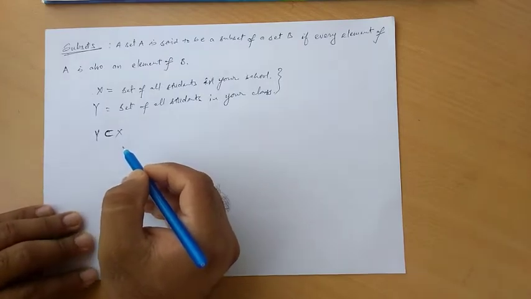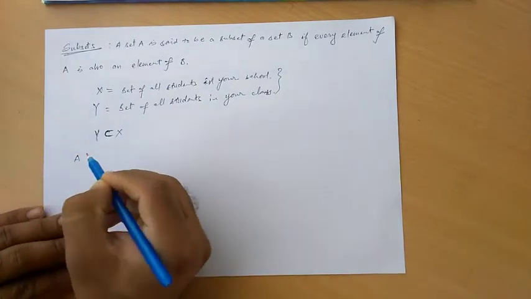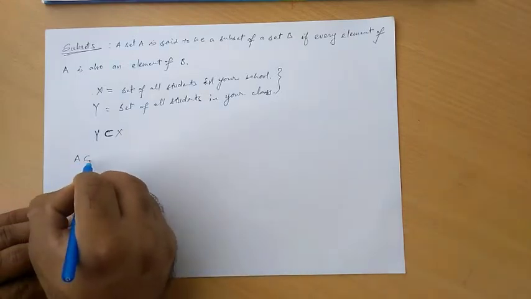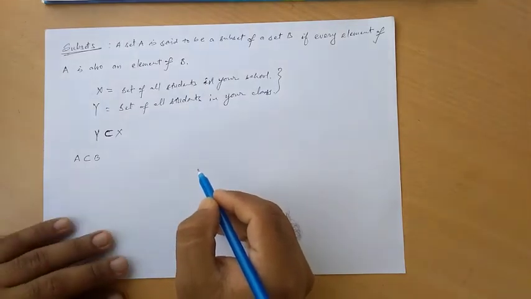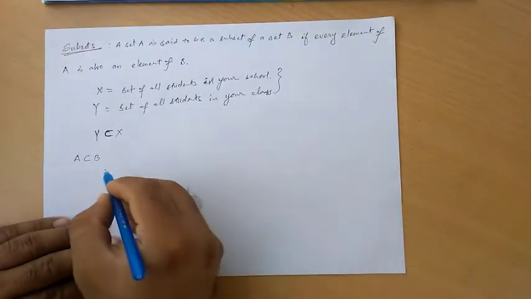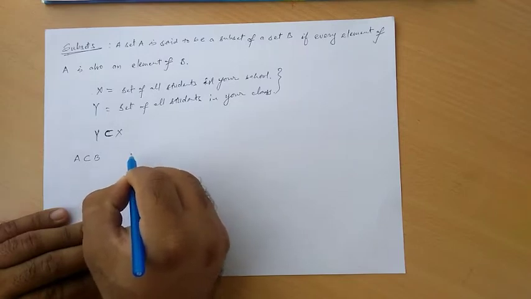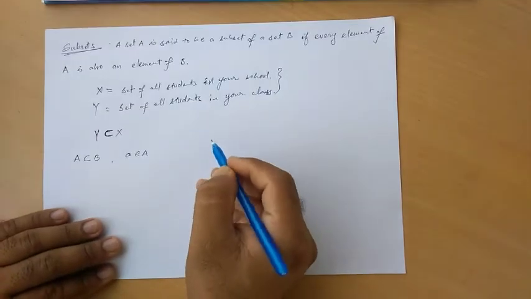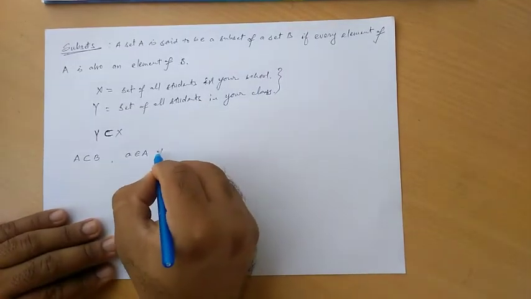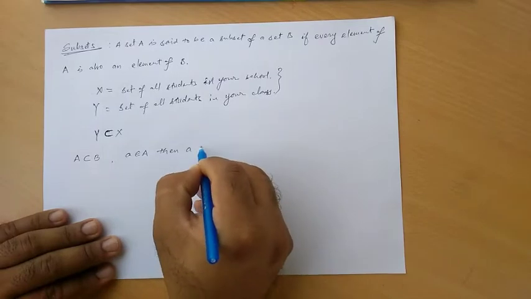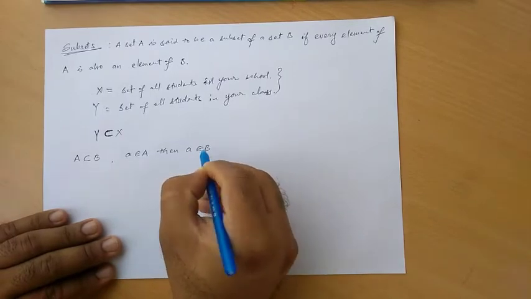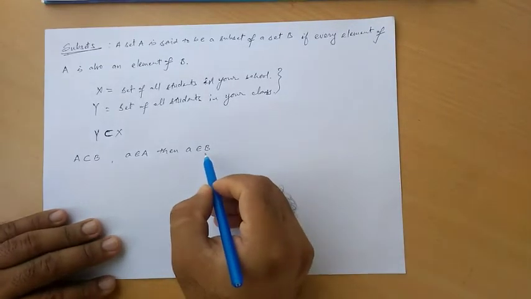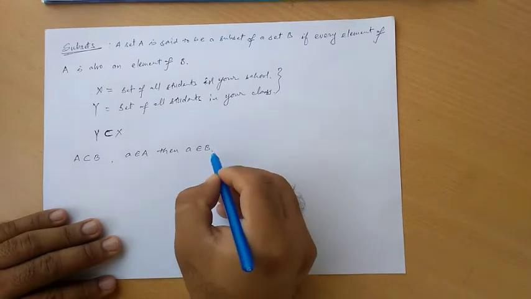Or in other words, if I consider set A that is a subset of B, then whenever a belongs to A, a also belongs to B, or a is an element of B, definitely we can say.